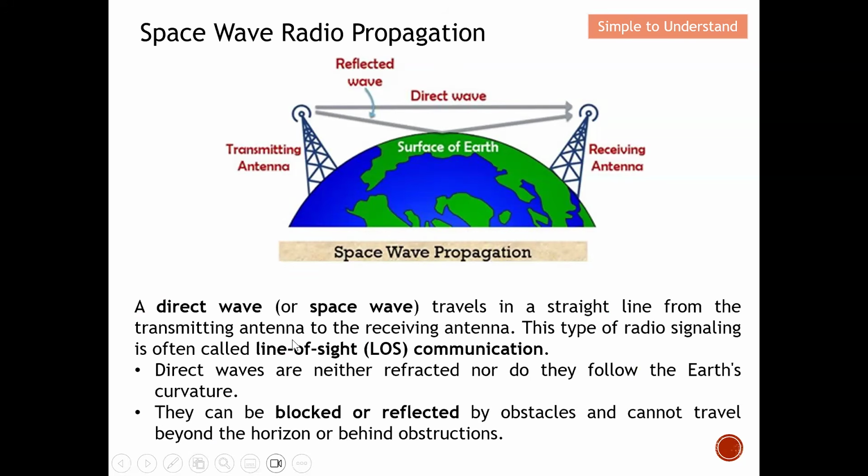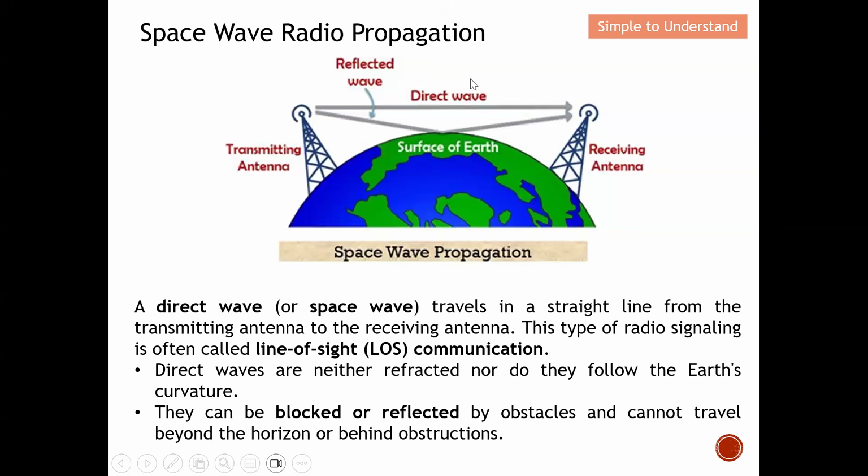Under this direct wave, there should not be any reflection, neither should it follow the Earth's curvature, which means the wave is not supposed to bend. When it bends, it does not fall under space wave propagation. But it also should not be blocked or reflected by any obstacle, and it cannot travel beyond the horizon or behind obstruction.